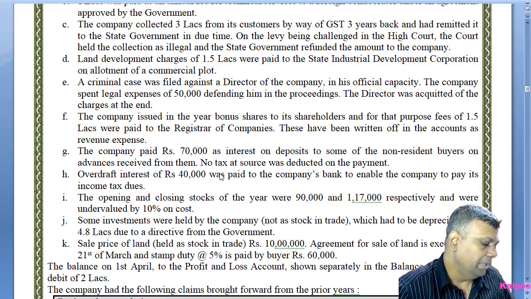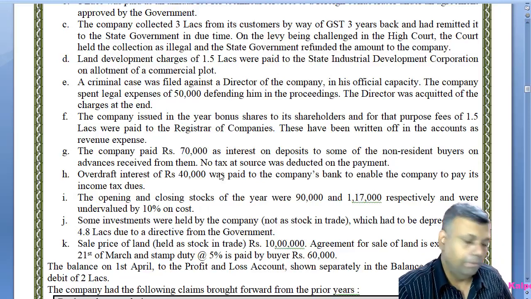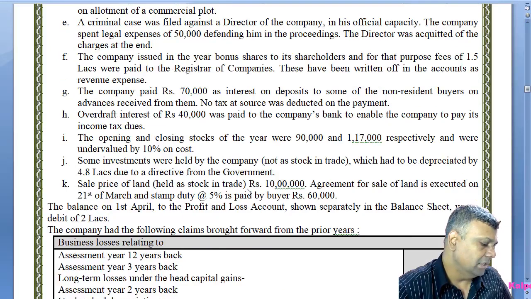G. The company paid rupees 70,000 as interest on deposit to some of the non-resident buyers on the advances received from them. No tax at source was deducted on the payments. H. Overdraft interest of rupees 40,000 was paid to the company's bank to enable the company to pay its income tax dues.